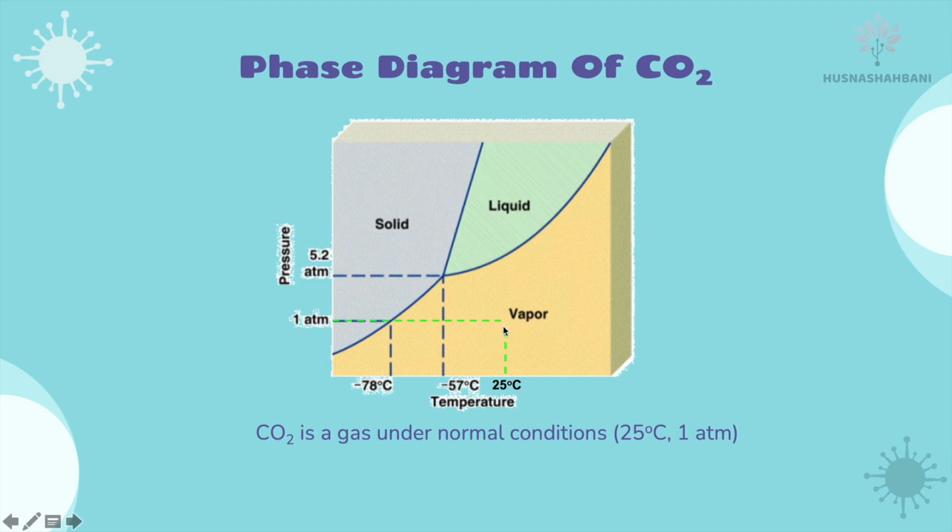So here, at 25 degrees Celsius at 1 atm, carbon dioxide is gas. But at 1 atm, negative 78 degrees Celsius, carbon dioxide can be found as solid and gas. Here at negative 57 degrees Celsius at 5.2 atm, carbon dioxide can be found as solid, liquid, and also gas.